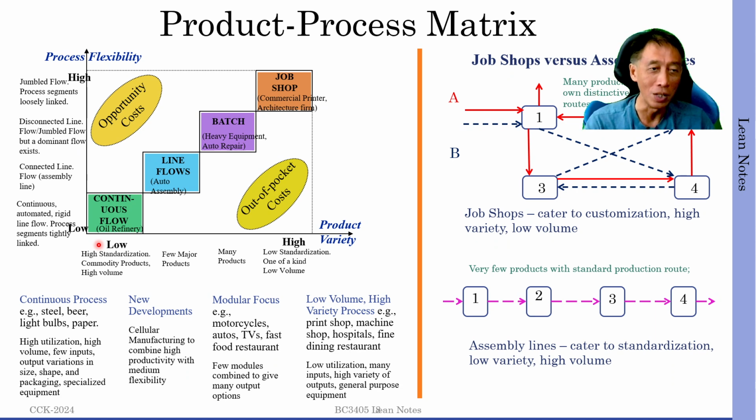So NTU prints, for example, 3,000 shirts. That's considered volume, and we don't need variety, just the NTU logo and whatnot. So same design, massive printouts, massive production. So product variety is low, until there's only one design, okay?